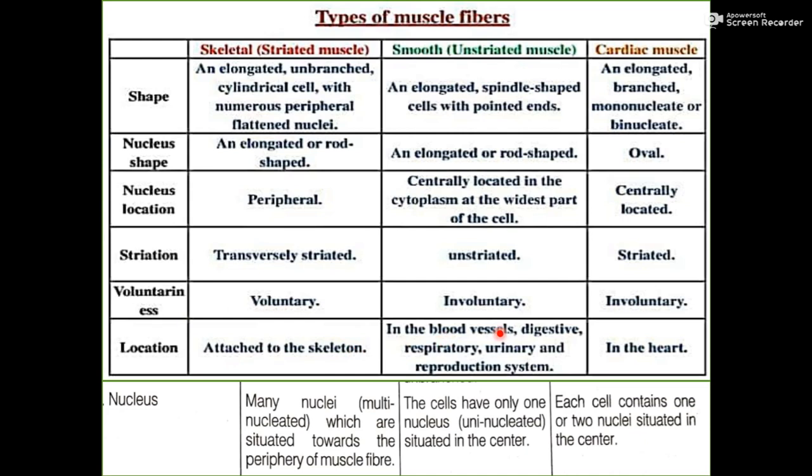Location where they are present. And one important difference I have added here is on the basis of number of nucleus. That is, the number of nuclei, in the sense that it contains 2 nuclei or 3 nuclei or 1 nucleus or like that.